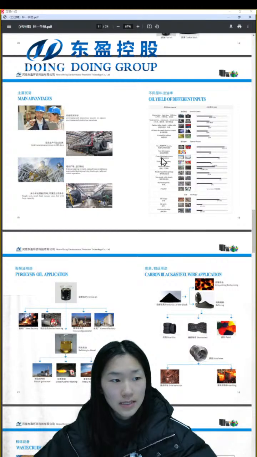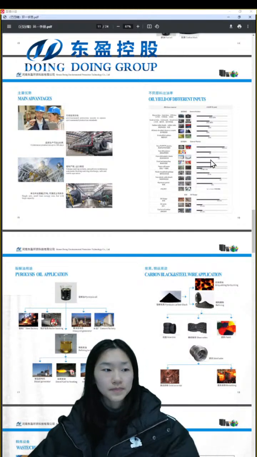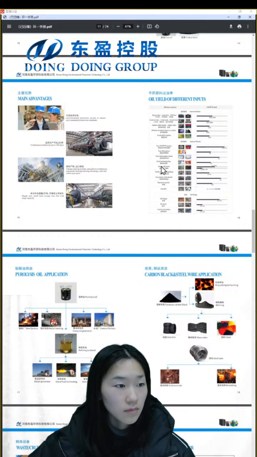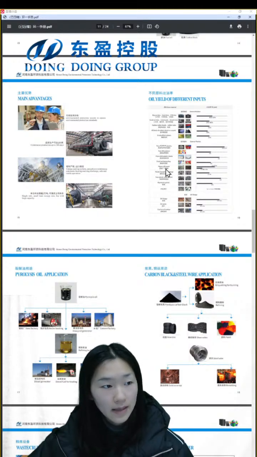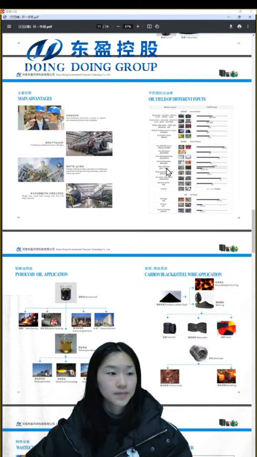And you can see the white plastic sheets. Many customers use this plastic for pyrolysis. The oil yield is also good. The food packing bags and the paper mill waste are also good raw material.